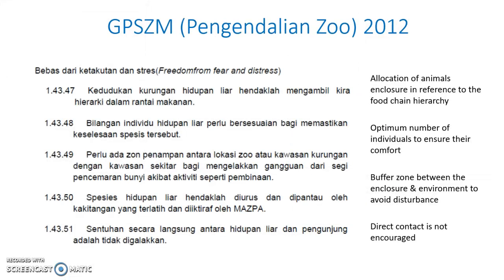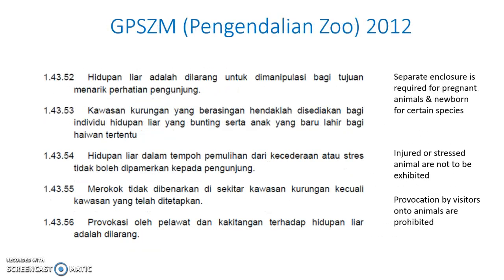Allocation of animals enclosure in reference to the food chain hierarchy. You shouldn't put the pemangsa near to its mangsa. It will be stressed all the time. Optimum number of individuals to ensure their comfort. Buffer zone between enclosure and environment to avoid disturbance, and direct contact is not encouraged because the animal may feel stressed.